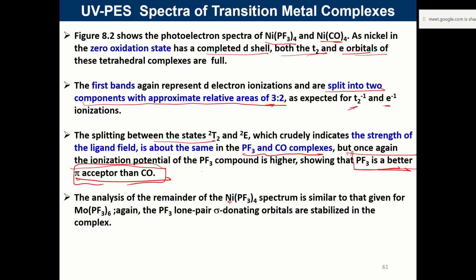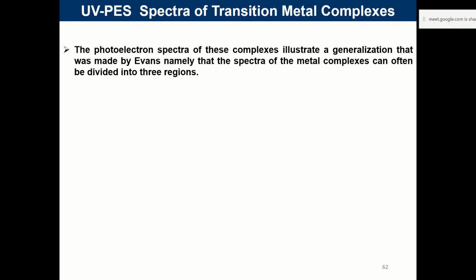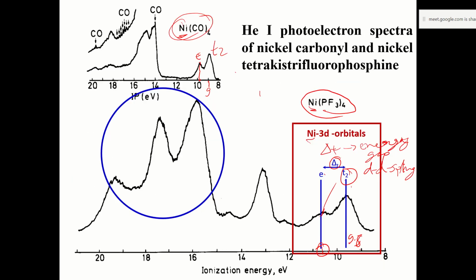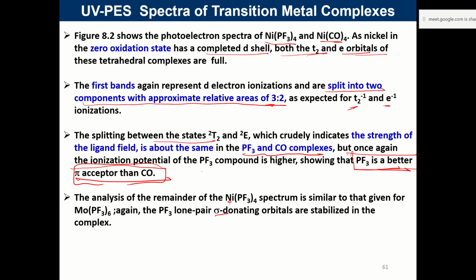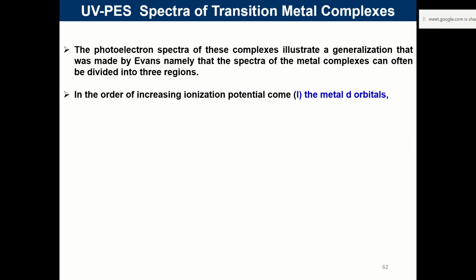So we have seen the d orbitals getting stabilized, and so the PF3 lone pair, that also getting stabilized. So lone pair donation वाला कौन सा था? ये वाला एग्जाम्पल था. Okay, so that is lone pair donation. Okay, so that is the photoelectron spectroscopy for transition metals.